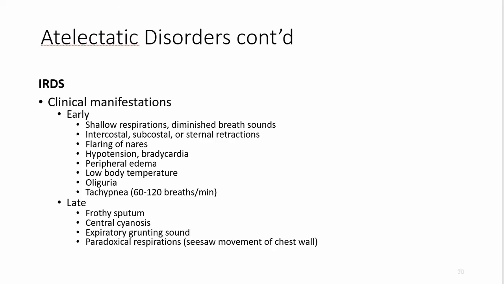So what you see is shallow respirations and retractions of the ribs and the sternum. Flaring of the nostrils happens because they're trying to breathe, and so there's a lot of work to it, and the nostrils will flare.